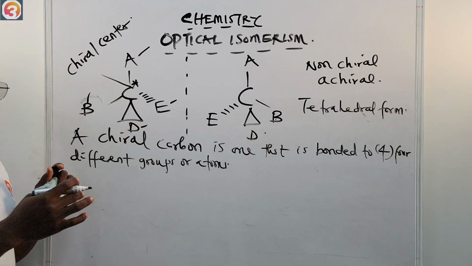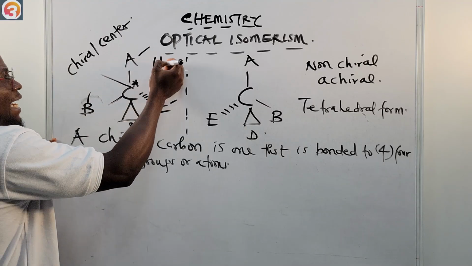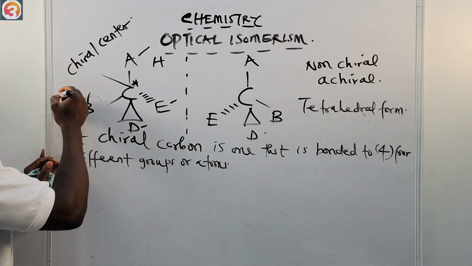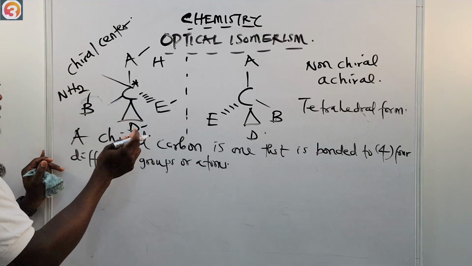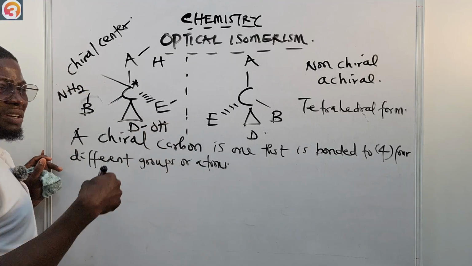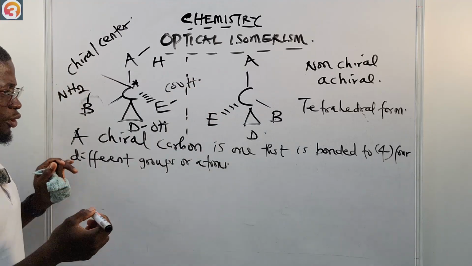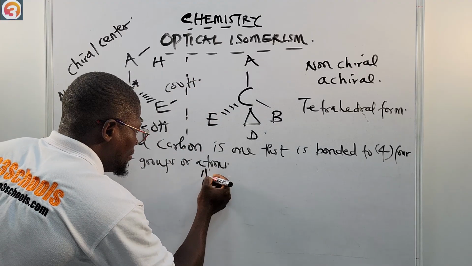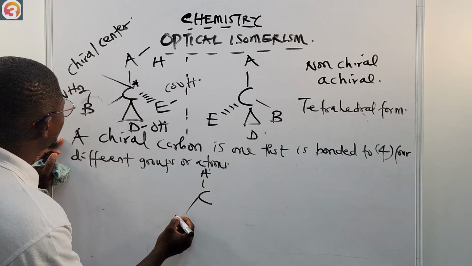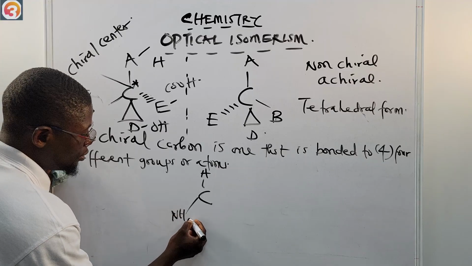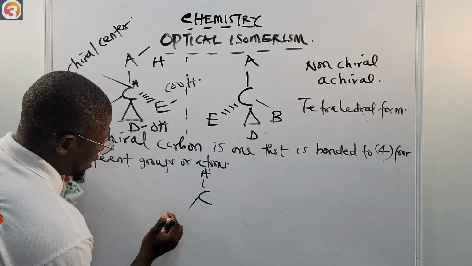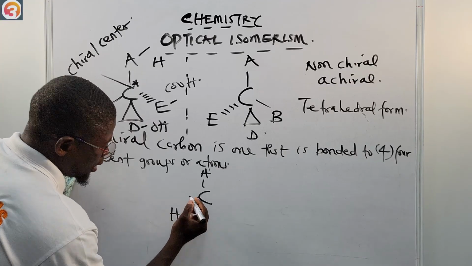In this case, A may be, for example, a hydrogen group. B may be an amino group, NH2. D may be, let's say, a hydroxy group, OH. E may be a carboxylic group, COOH. That's what we mean. So something like this, having C bonded to hydrogen, then here bonded to, let's say, an amino group, H2N.